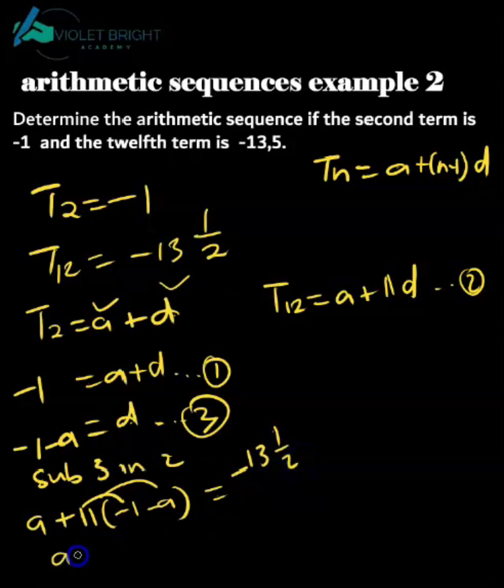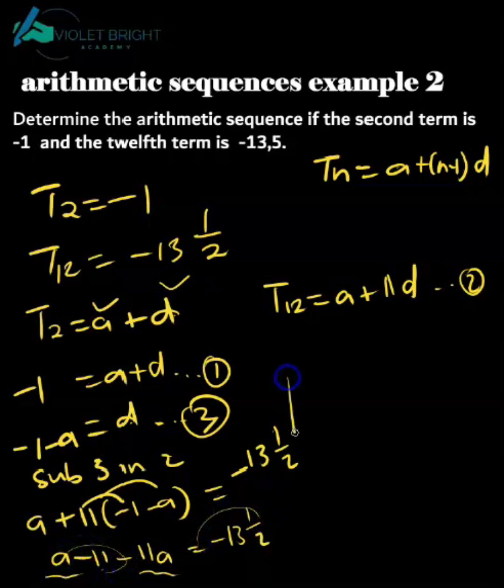So a plus (-11) minus 11a equals -13.5. So like terms and like terms here, like term and like term here.